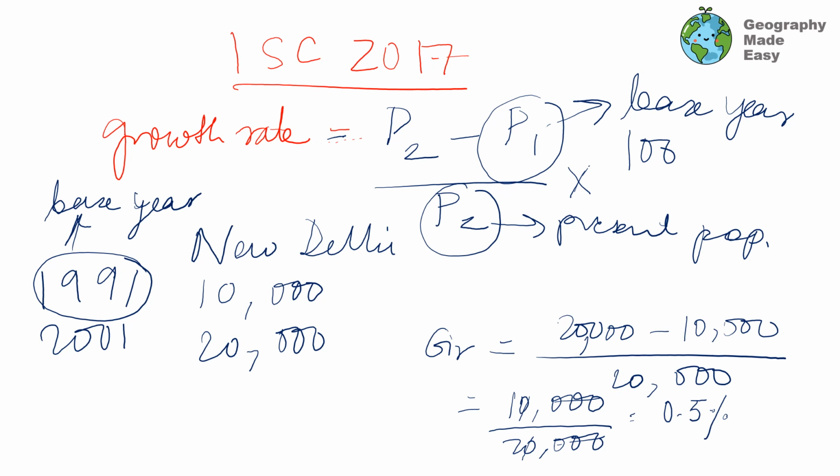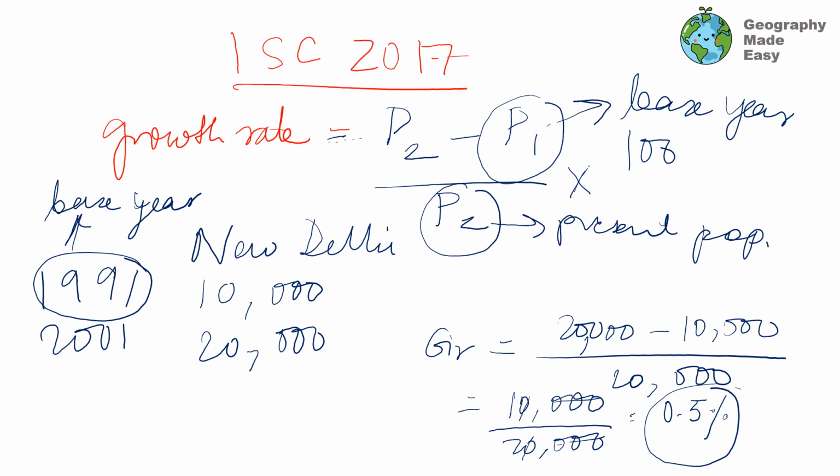So my growth rate of population for New Delhi between 1991 and 2001 is 0.5. So if I am given 4 states or 4 regions and this data is given to me along with the 2 years, then I can easily calculate the growth rate of each state and find out which has the highest or the lowest.